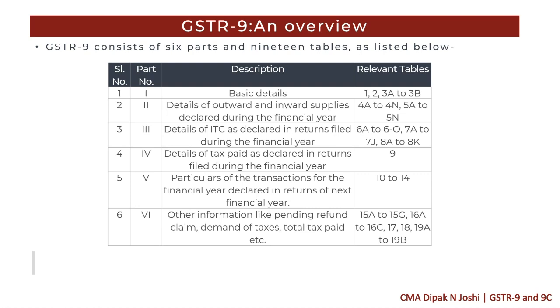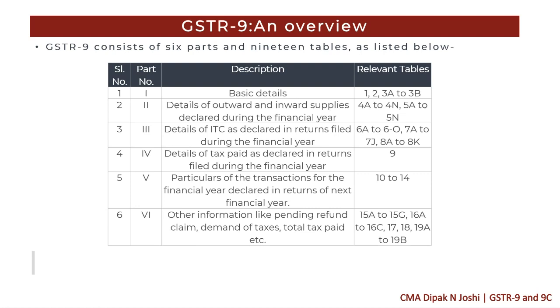In table 4, along with the details of outward supply which is subject to tax, we are also providing information of inward supply which is subject to payment of tax under reverse charge mechanism. So that information we are providing in part 2.